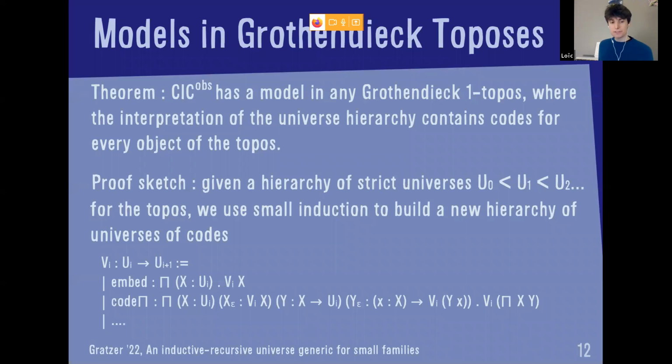And this is sufficient to define all the primitives of observational type theory on this new universe hierarchy, just by ignoring the fact that some types will be encoded with different codes in the universe that we are building.